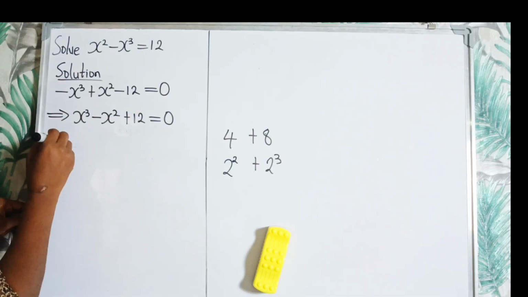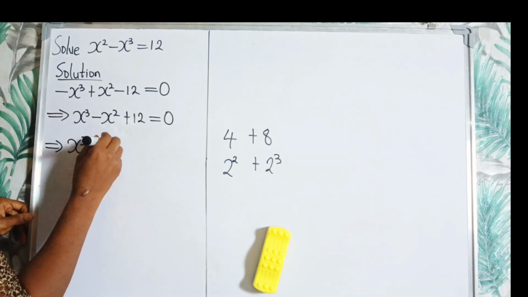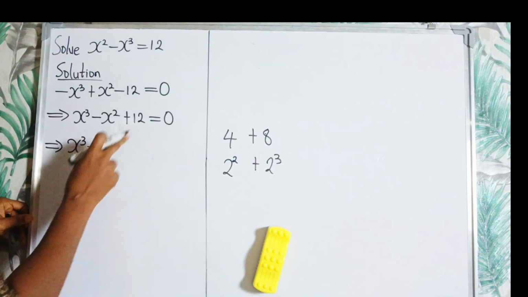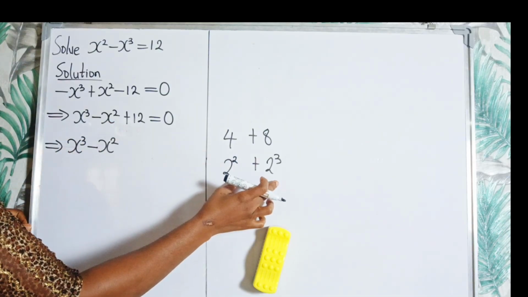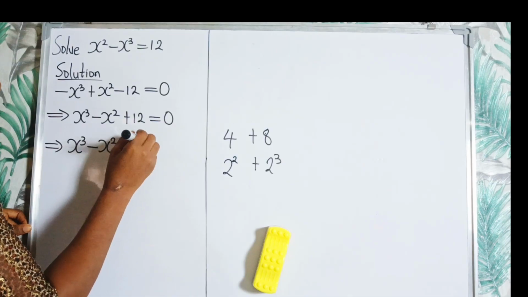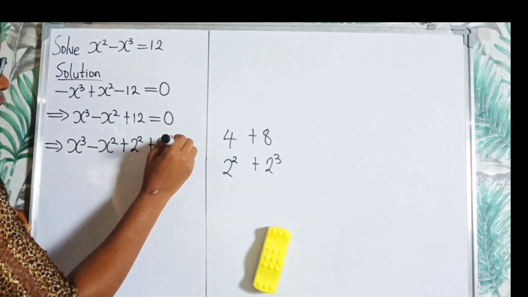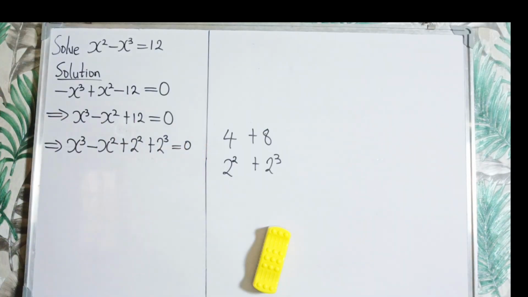So here we are going to have x cubed minus x squared. Instead of writing 12, I'm going to write what I have here. So this is plus 2 raised to power 2 plus 2 raised to power 3, and this is equal to 0. Now we can collect like terms.